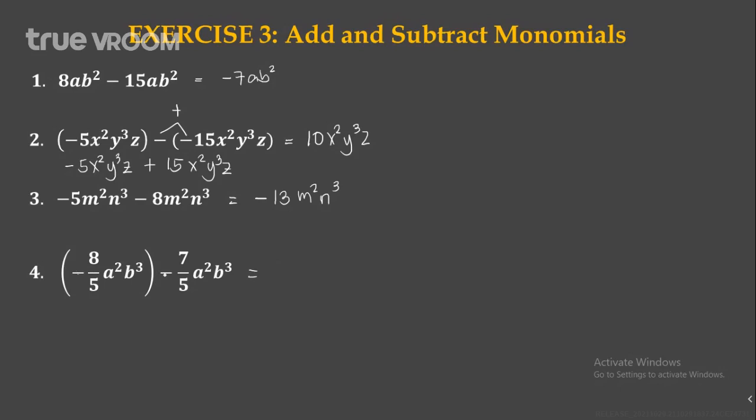They are both negative, so negative, and then you are going to add 8 over 5 plus 7 over 5. This will be like this. So what is the answer?